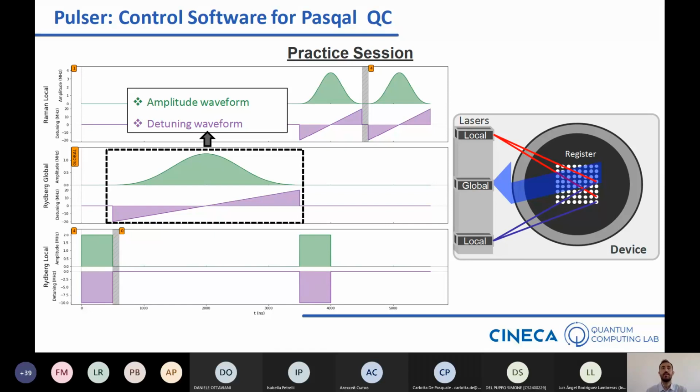Now it's time for the practice session, where we're going to define pulses, and we're going to see in Pulsar how this is done, how you can define local and global pulses.